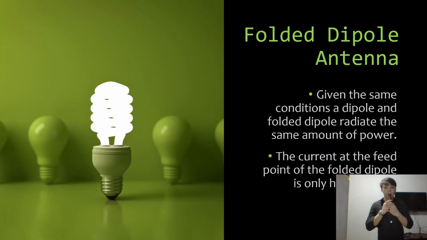So the next one is the folded dipole antenna again, and given the same conditions, a dipole and folded dipole radiate the same amount of power, and the current at the feed point of the folded dipole is only half of the total current.